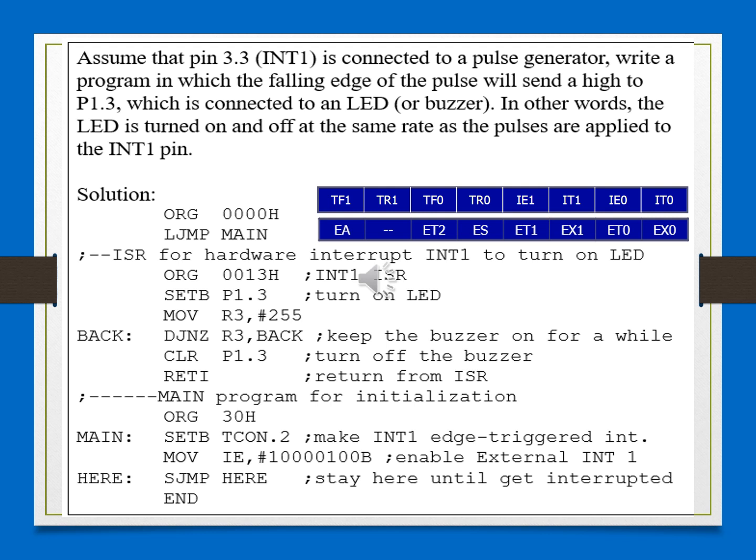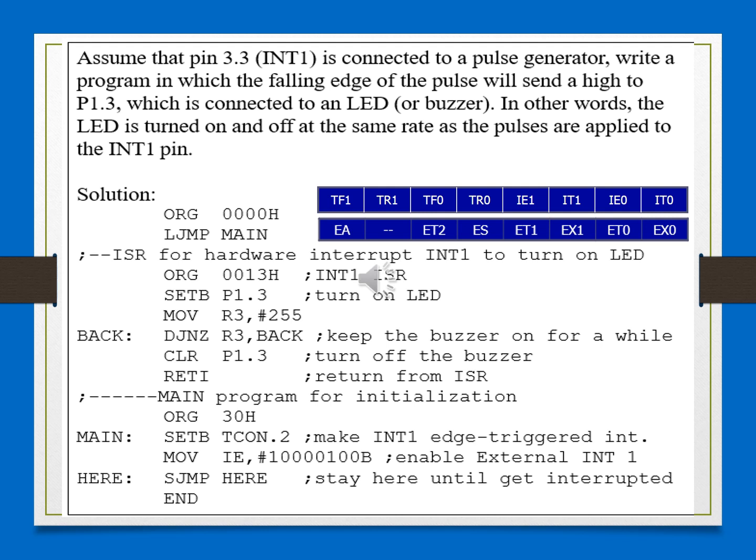Let's analyze this program. Assume that P3.3, the external interrupt 1 pin, is connected to a pulse generator. Write a program in which the falling edge of the pulse will send a high to the P1.3 pin, which is connected to an LED or a buzzer.